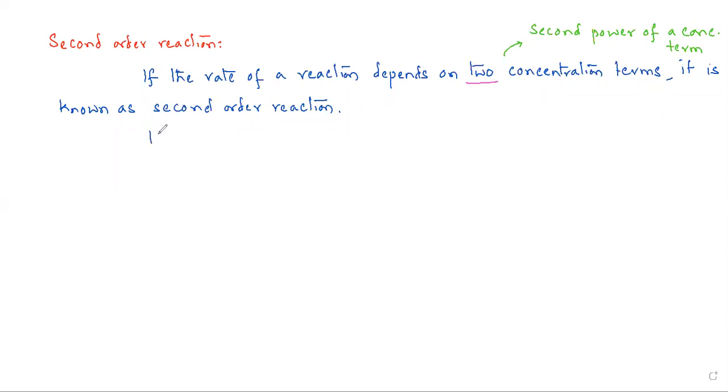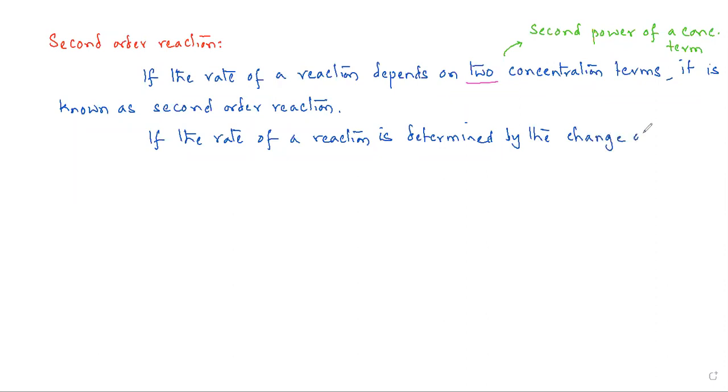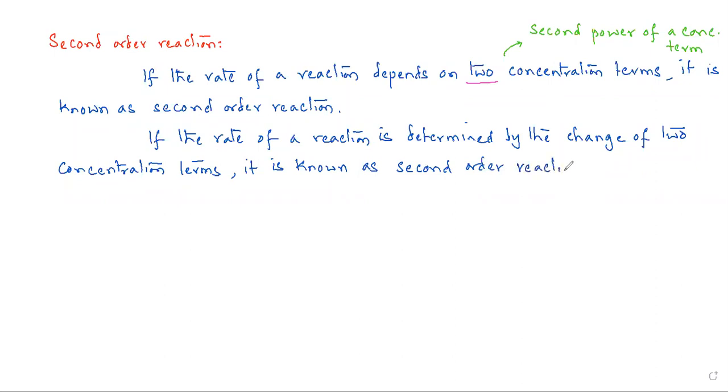Or else we can also say that if the rate of a reaction is determined by the change of two concentration terms, it is known as second order reaction. Okay.